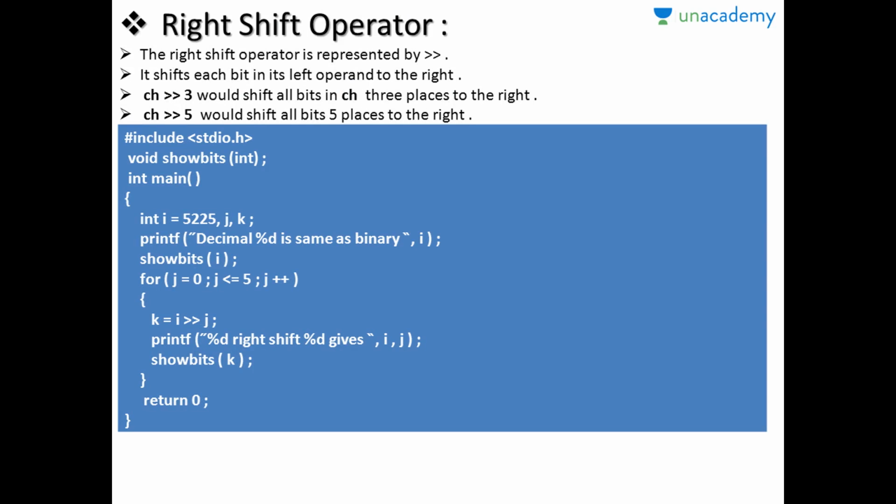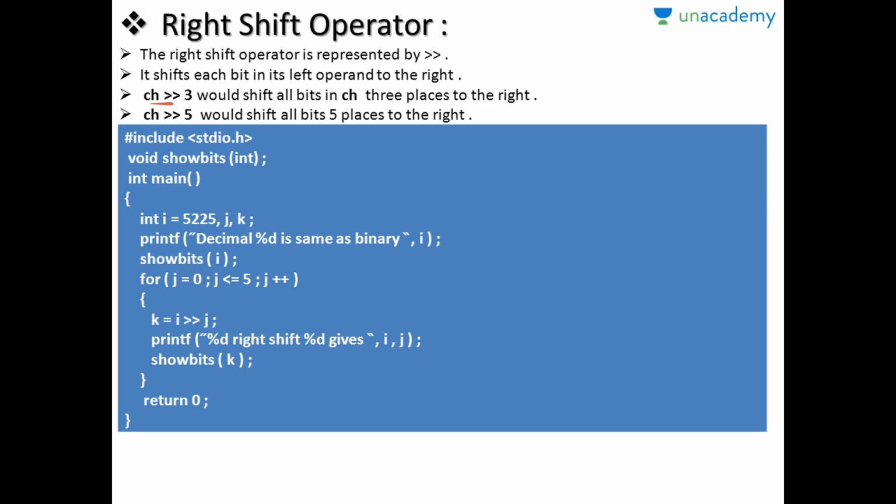When you come to the right shift operator that we have discussed, it is represented by 2 greater than symbols. Here is a simple example of the right shift operator for a character. I gave right shift for 3.